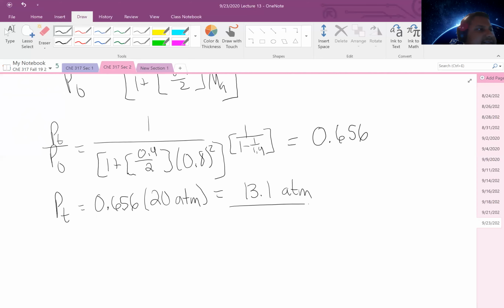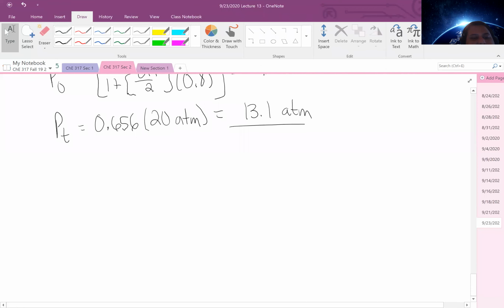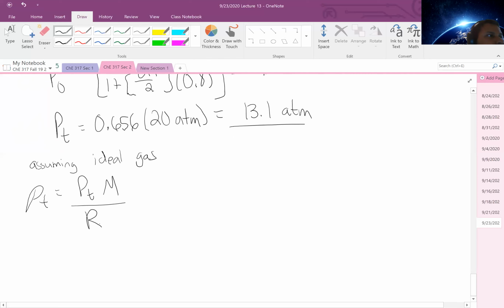All right, the next thing we can solve for without too much difficulty is the density. Assuming it can behave as an ideal gas, we can't use that for the throat directly. We would have to find the density or the temperature first, but we can solve for the density at the inlet, knowing that we have 20 atmospheres coming in.